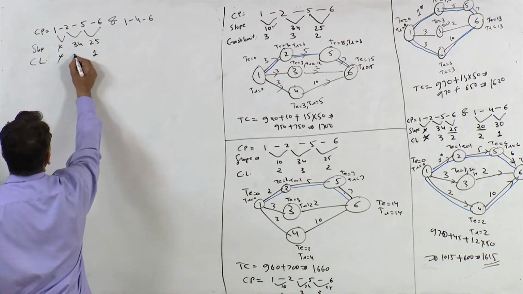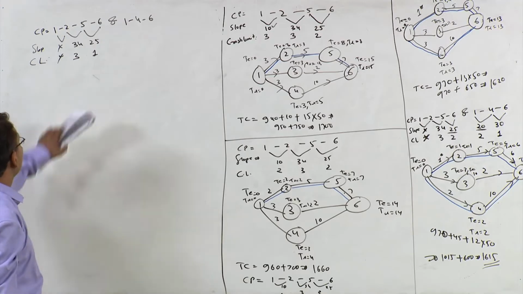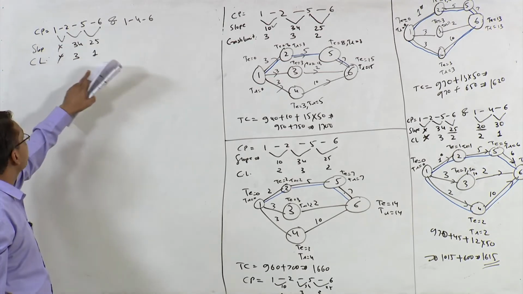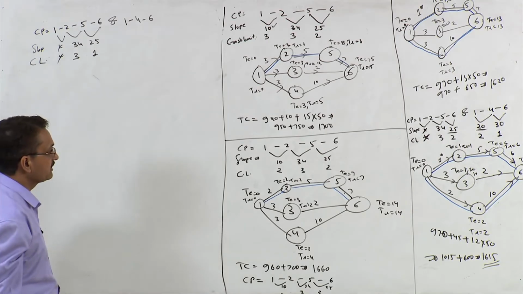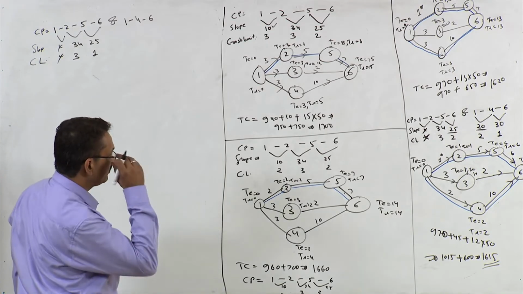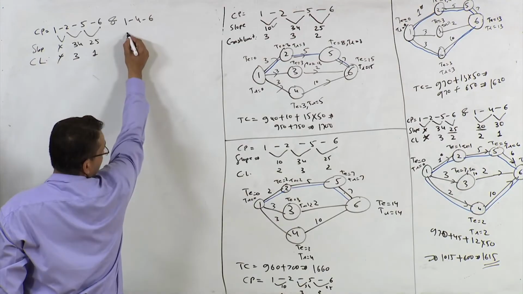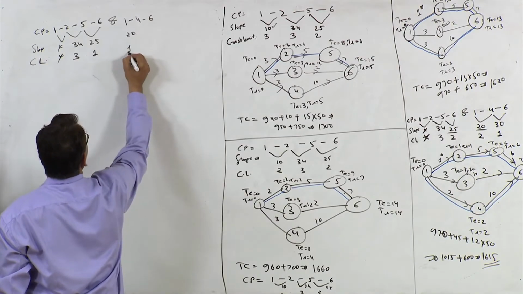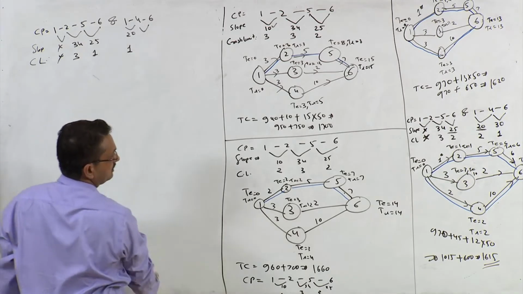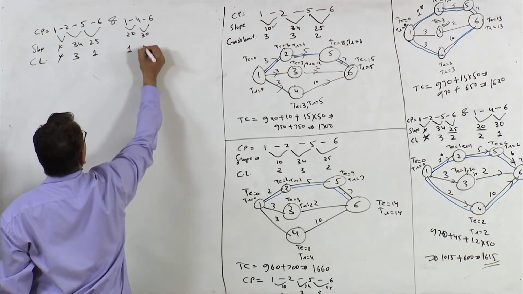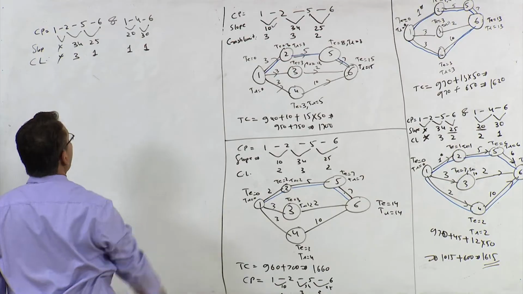For 3, 4 it is still 3, right. For activity 2, 5 it is still 3, right, but this is now 1 for 5, 6, right. And for 1, 4 slope is 20, crash limit is 1. For 4, 6, what is slope? 30, crash limit is 1, right.